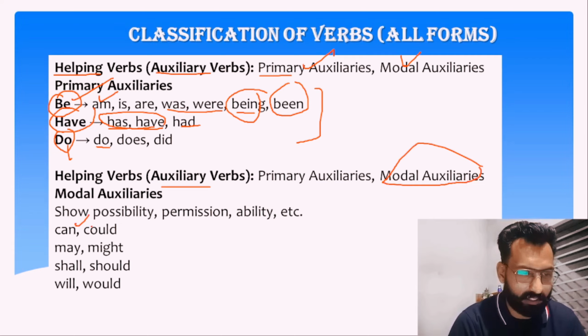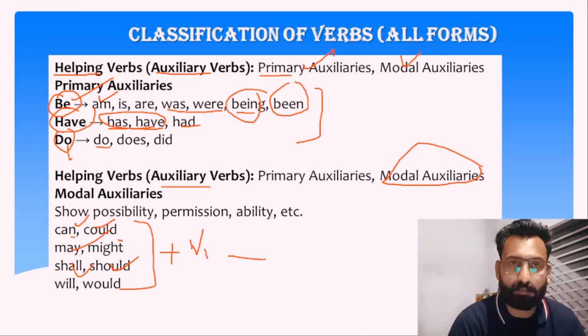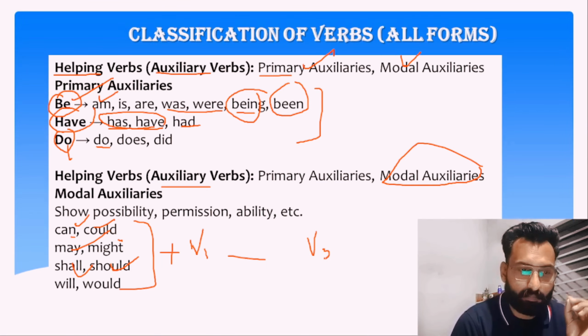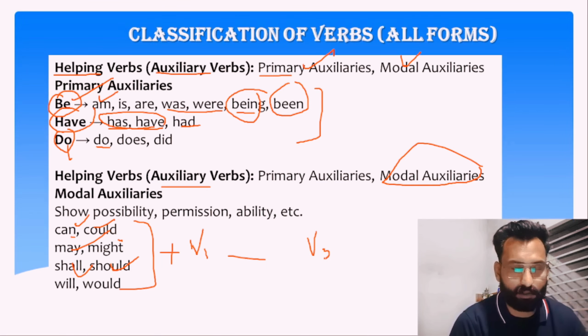For example, can, could, may, might, shall, should, will, would. These verb forms we use. Keep in mind, whenever we use modal verbs, we always use first verb form or base verb form with them. Otherwise, if we make passive sentences, we use third verb form with them. So these were primary and modal auxiliaries.